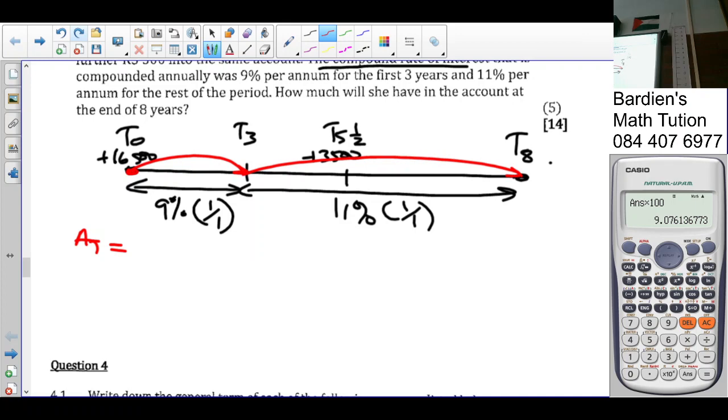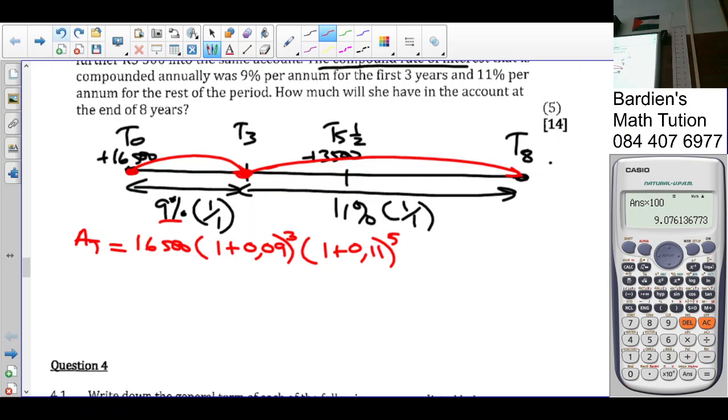For that calculation, it will be as follows: 16,500 into 1 plus 0.09 to the exponent 3. That is the amount lying at this point here. This is your P value now, so you draw another interest for another 5 years: 1 plus 0.11 to the exponent 5. So I've considered that 16,500 for the entire time period.